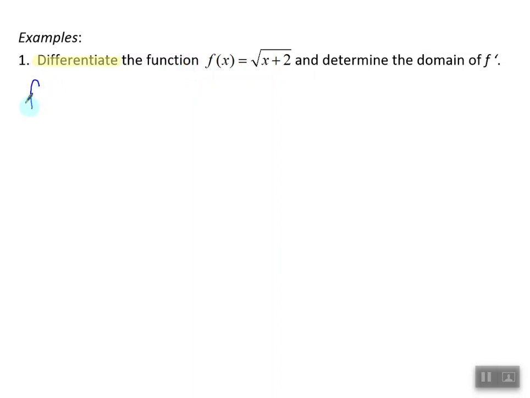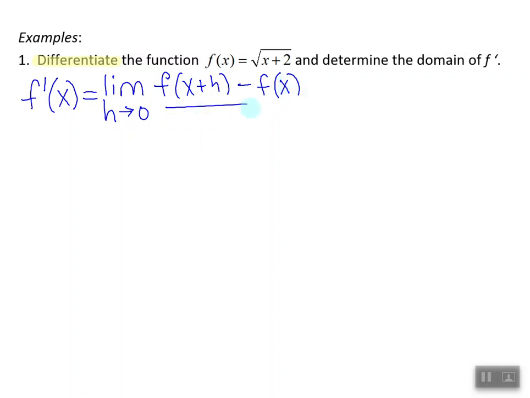So let's use the fact that f prime of x equals the limit as h goes to 0 of the difference quotient f of x plus h minus f of x all over h. And let's apply this to our function. This will be the limit as h goes to 0.